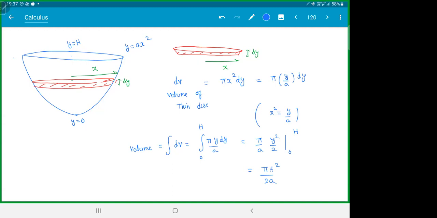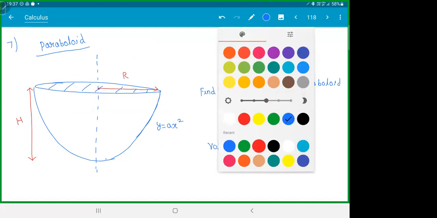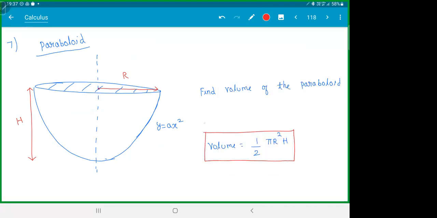The result is an interesting result. The volume of a paraboloid will be, I'll just write the answer here, half of pi r square h. The answer comes out as half of the volume of that cylinder.